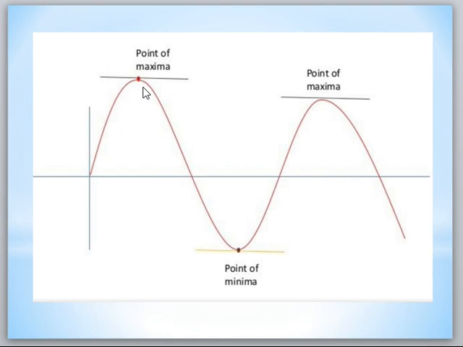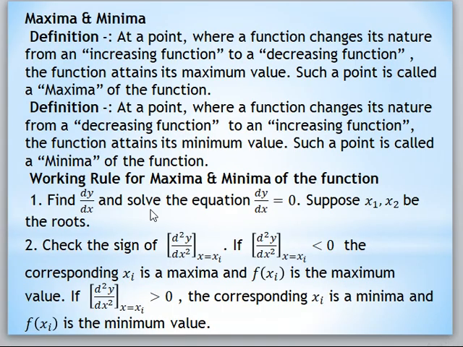And we know from our previous lecture on increasing and decreasing functions that at these turning points the derivative becomes 0. So when we have to find the maxima and minima of a function, which we will do in the subsequent part, that is doing problems, what we do first is find the derivative of the function and put it equal to 0, which means we are finding the turning points.